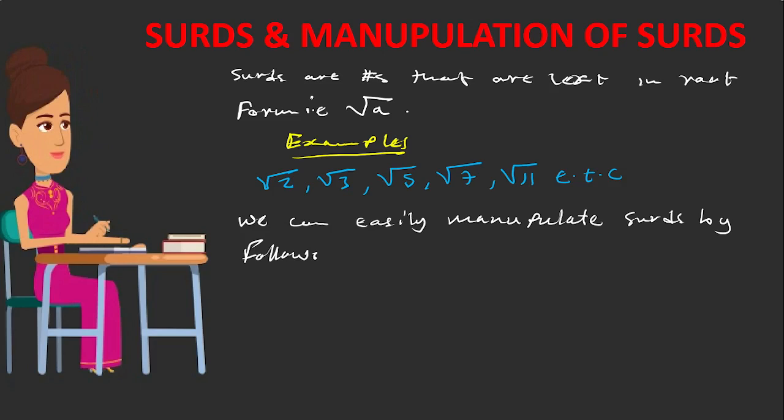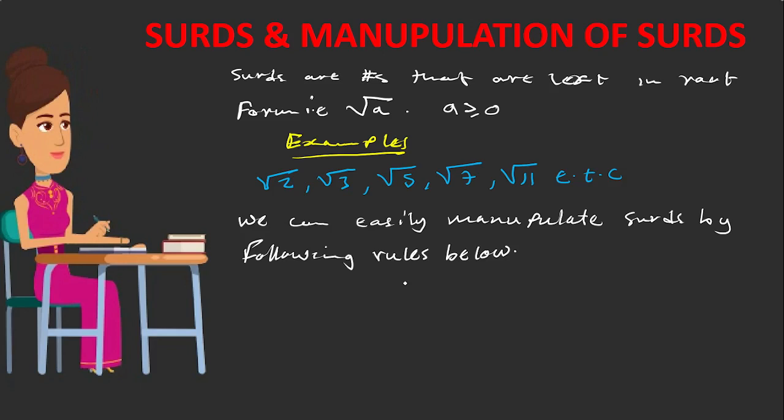Examples are square root 2, square root 3, square root 5, square root 7, square root 11. We can easily manipulate surds by following these rules, because they will help you work out surds.